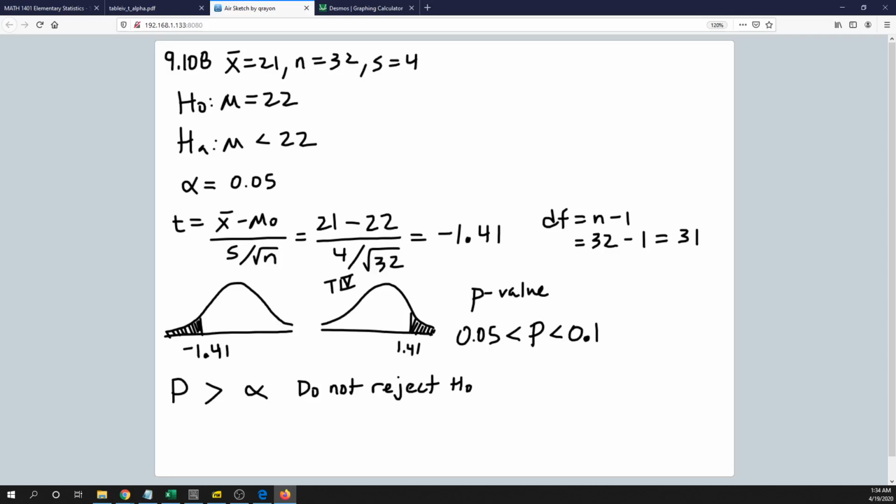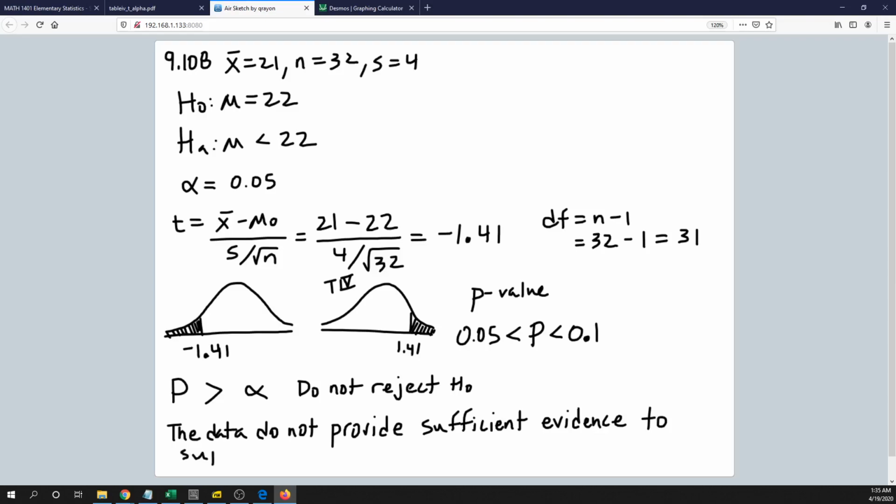And so our results say that the data do not provide sufficient evidence to support the alternative hypothesis, that the mean is less than 22.